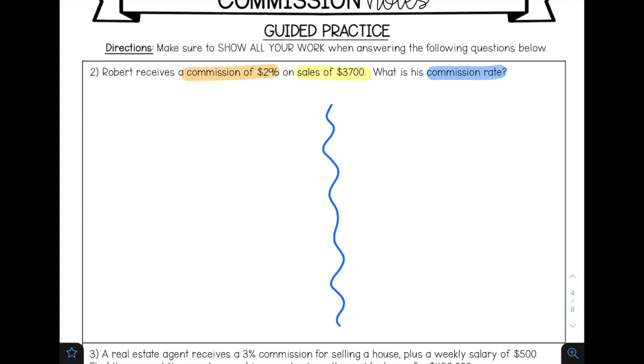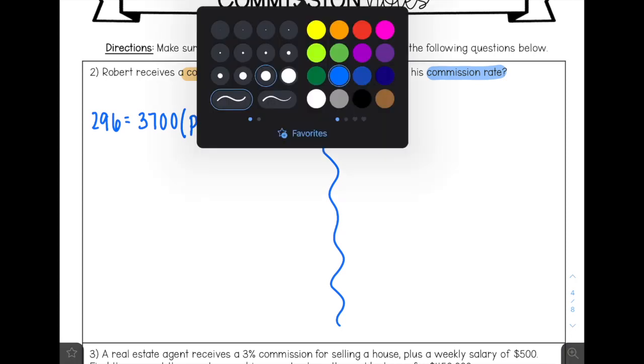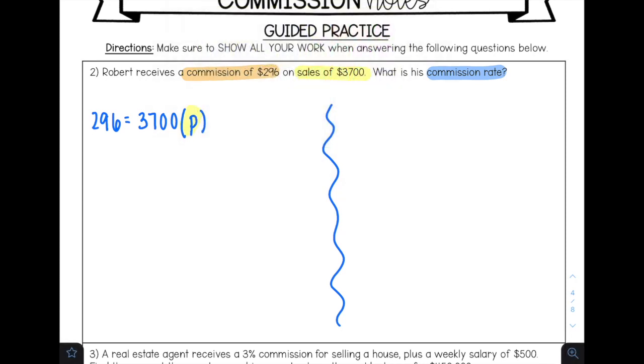So you have your commission, which is 296, and that's going to equal 3,700 times the percent, or your rate. We have a variable for the percent, and you want to isolate it.